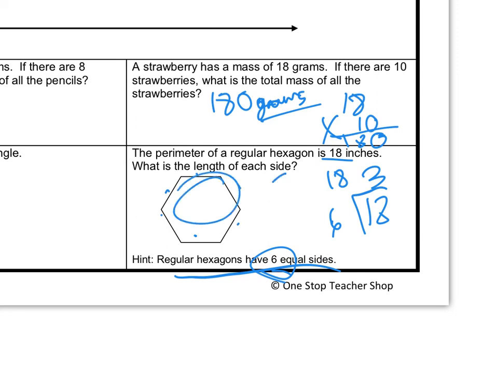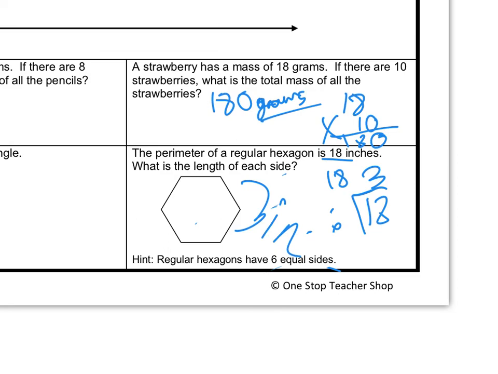So you're going to do 6 times 3, and that's going to equal 18 inches. So in all, you are going to have 3 inches for each side.